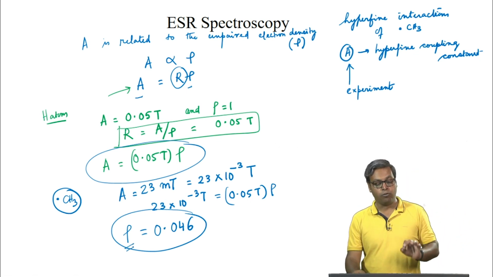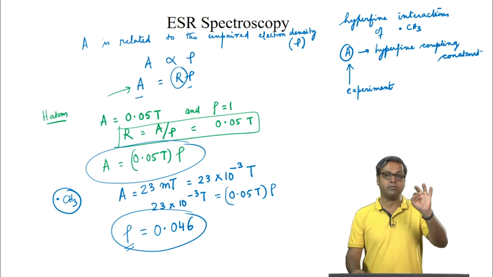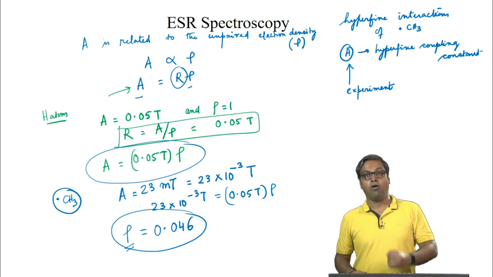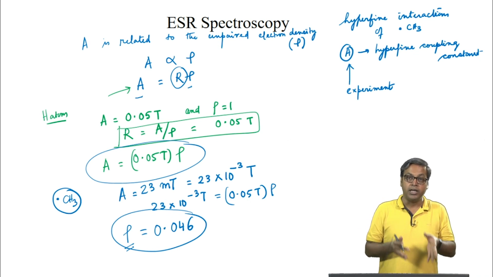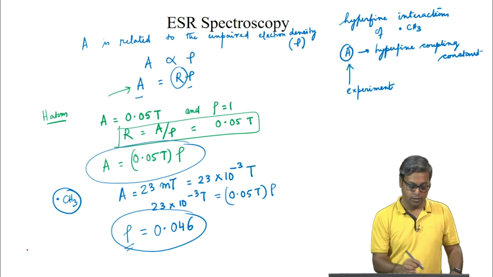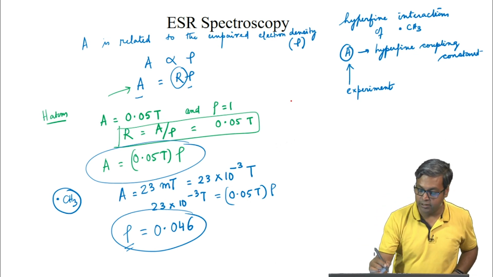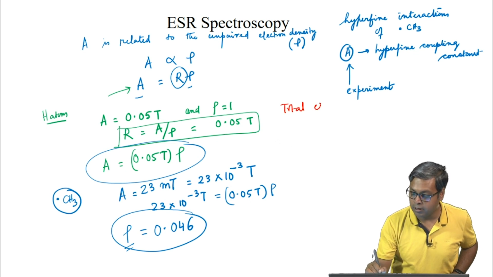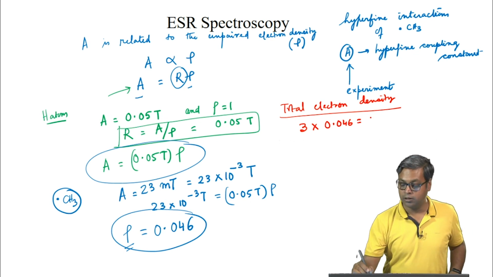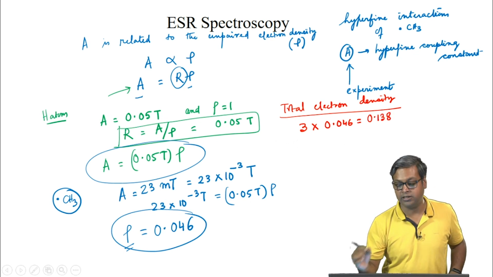Now you can ask, what does this value of rho indicate? This value of rho, that is 0.046 in the case of a methyl radical, indicates that the electron density on each atom, in this case a proton, is 0.046. Thus, the total electron density is given by 3 times 0.046, that is 0.138.